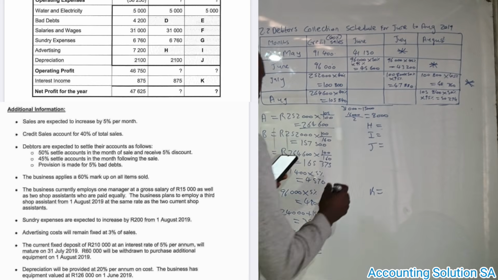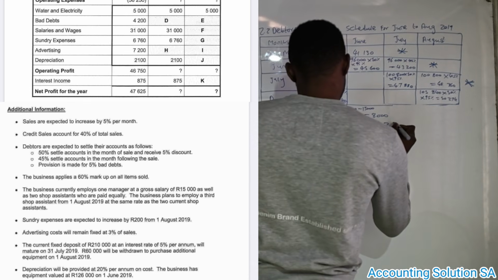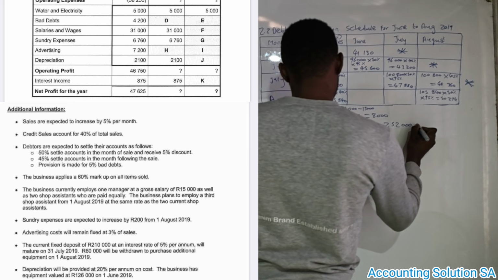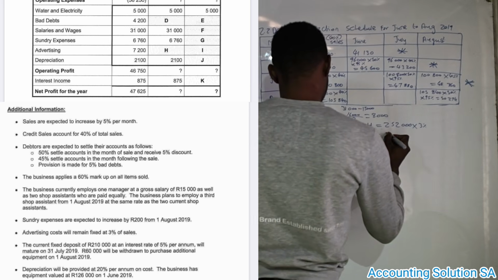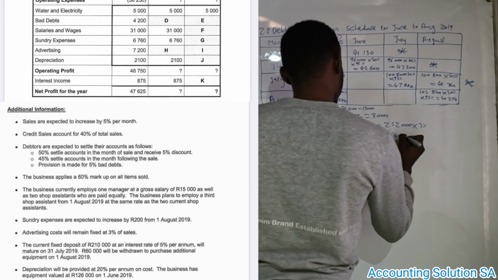Then for July, it's going to be 252,000. Guys, projection is very simple, 3%. And for August is 264,000, the one that we calculated.